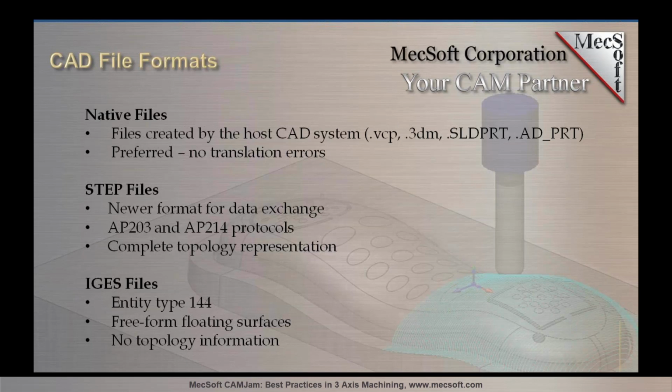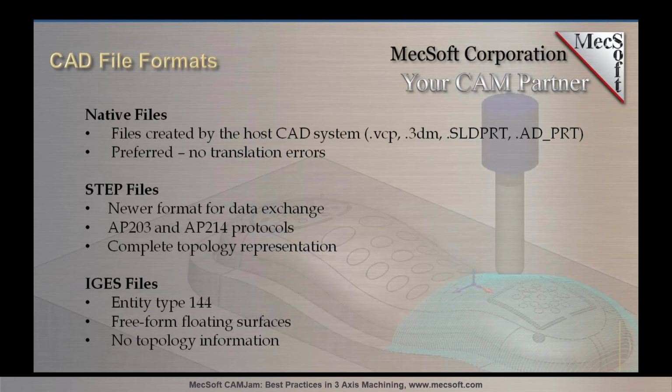If you do not have the option of doing that, you could then receive files through data exchange formats. There are a couple of formats. We'll talk about the STEP files first. This is a newer protocol, and it is a better representation of the data that is imported from a CAD system.